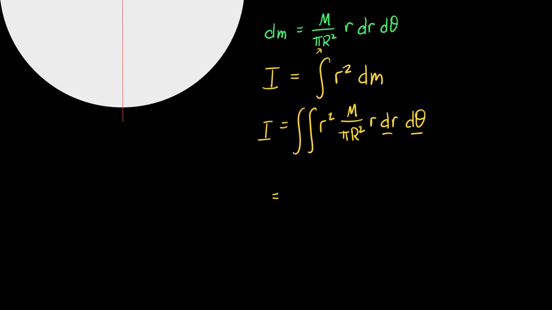So I'm just going to pull all those out. I'm going to go ahead and collect the terms that are the same. So I'll have the integral of r cubed dr, and I'll have the integral of d theta. I've collected all the variables. And I'll put in my limits. R is going to go from 0 to R, and theta is going to go from 0 to 2 pi.